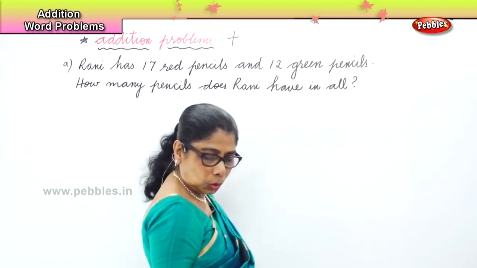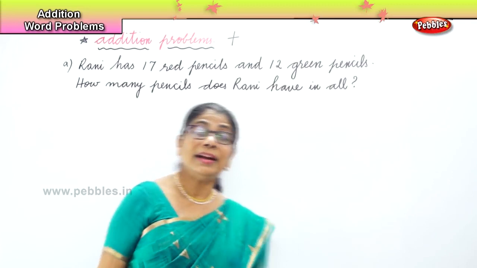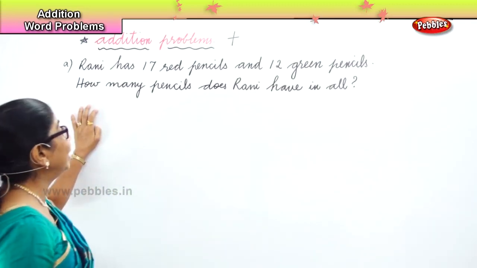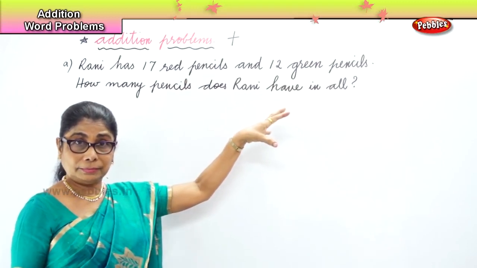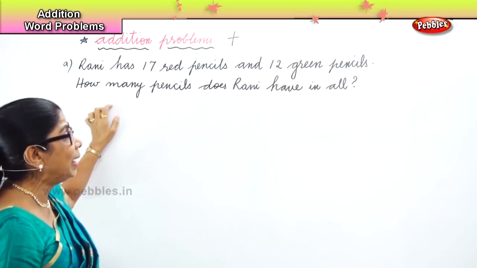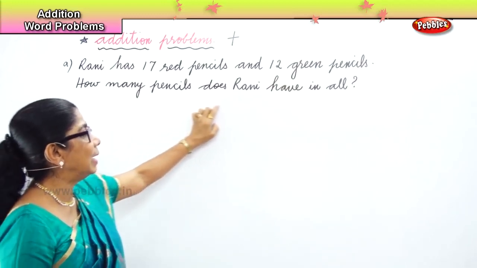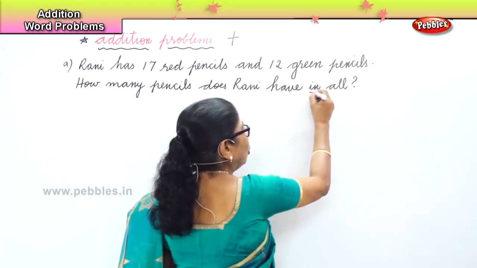Now, we have a story here. Story of Rani. Little girl Rani has some red pencils and green pencils. The question is: how many pencils does Rani have in all? What is the meaning of in all?